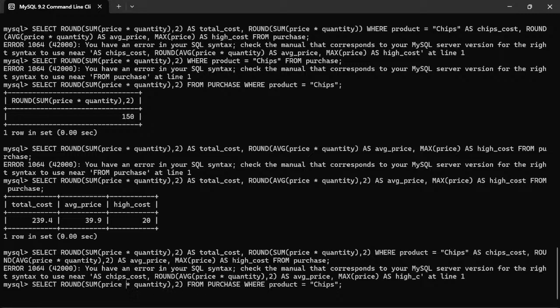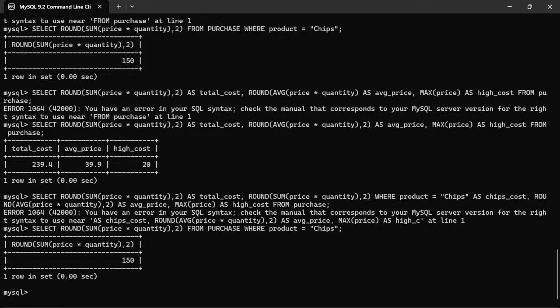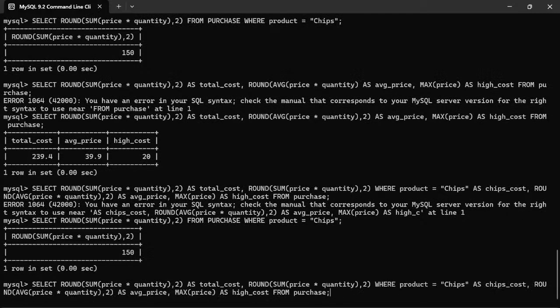Sum quantity where products is equal to chips. It will work, definitely it will work, but here it will not work. Or maybe I am wrong.